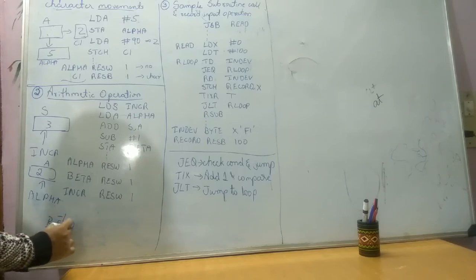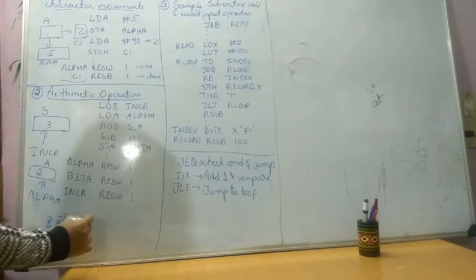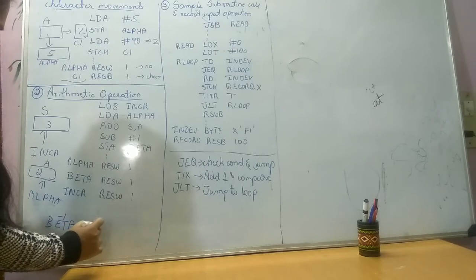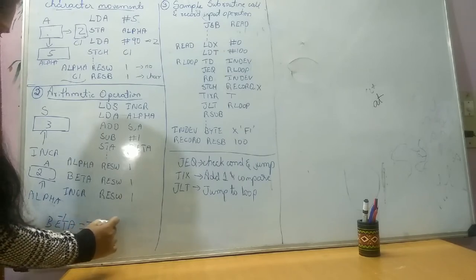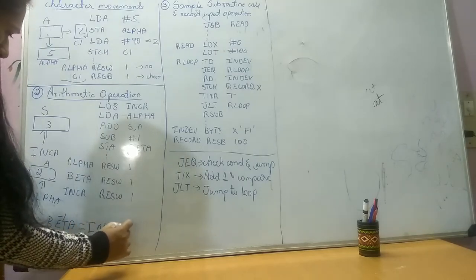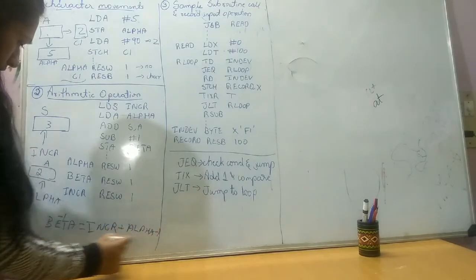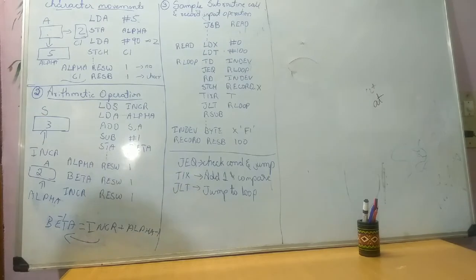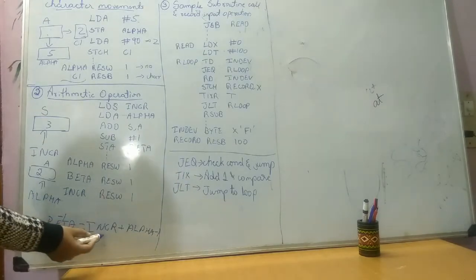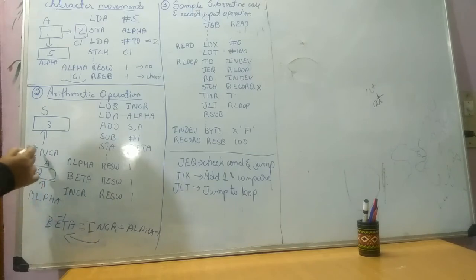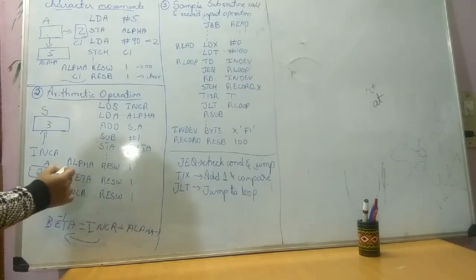The same thing we did in our previous program: here also we are doing INCR plus alpha and minus 1, and that will be stored in another register, that is beta. So beta will be what is there in INCR plus what is there in alpha, and the minus 1.